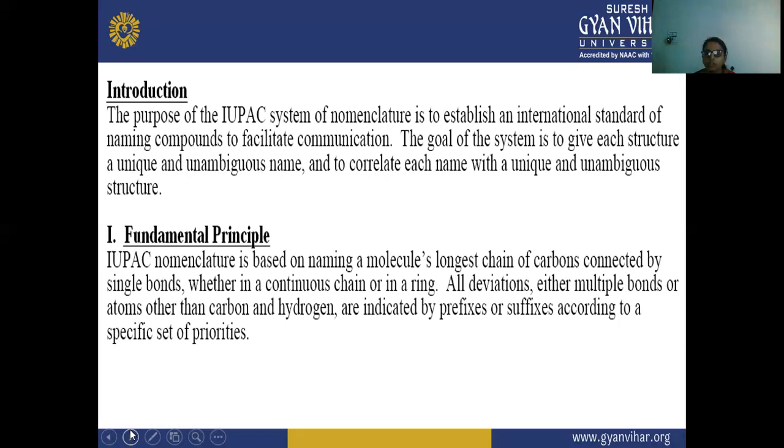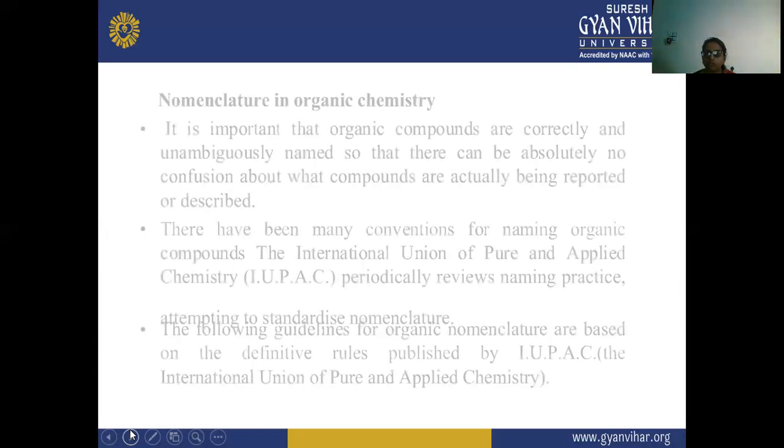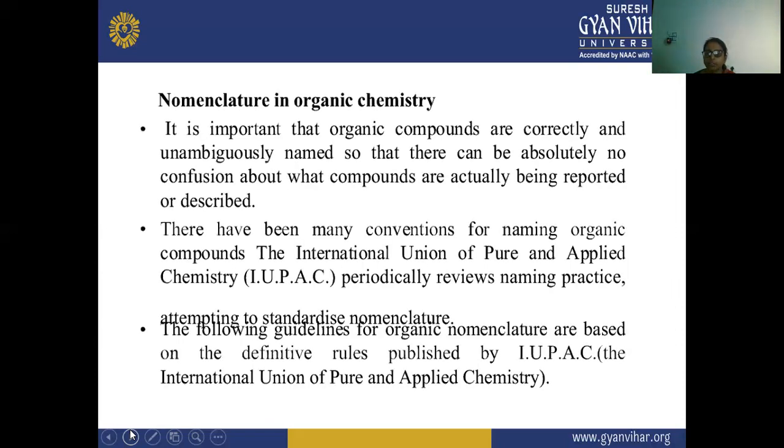Next is nomenclature in organic chemistry. So how do we name compounds in organic chemistry? It is important that organic compounds are correctly and unambiguously named so that there can be absolutely no confusion about what compound is actually being reported or described. There have been many conventions for naming organic compounds.